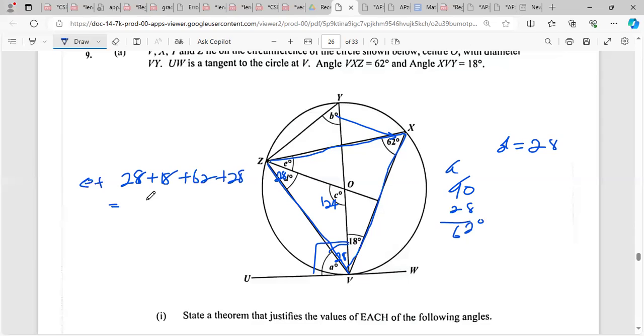So 180 minus 136. 180 minus 136 is 44. This works out to 44. So E is 44 and we're done.